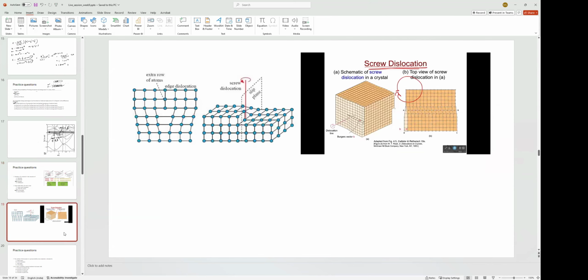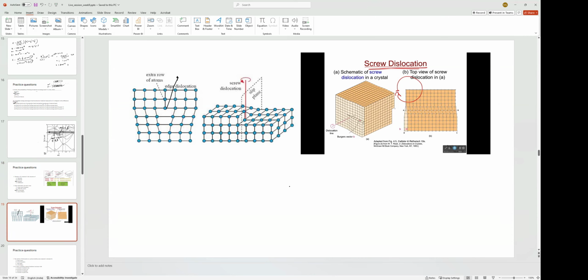Last time there was a question regarding Burgers vector, how the Burgers vector is located for edge and screw dislocation. So suppose this is your edge dislocation. What you do, suppose you start from here and complete a loop.